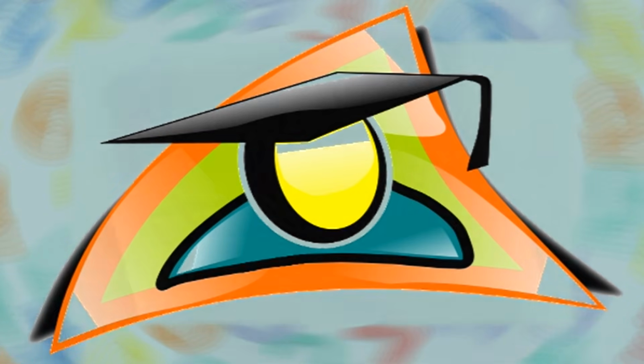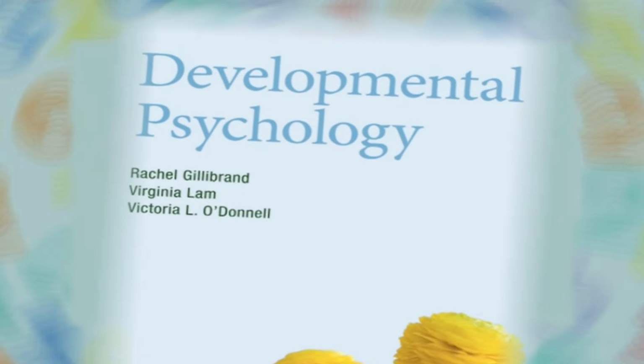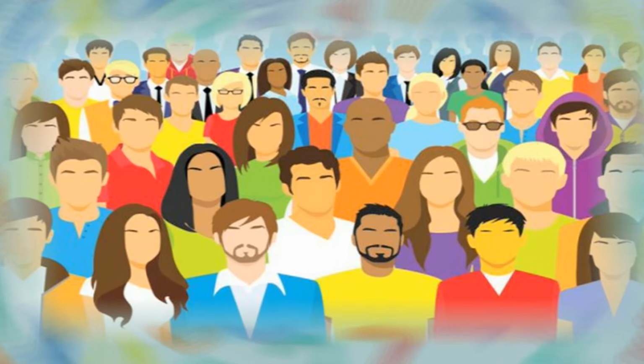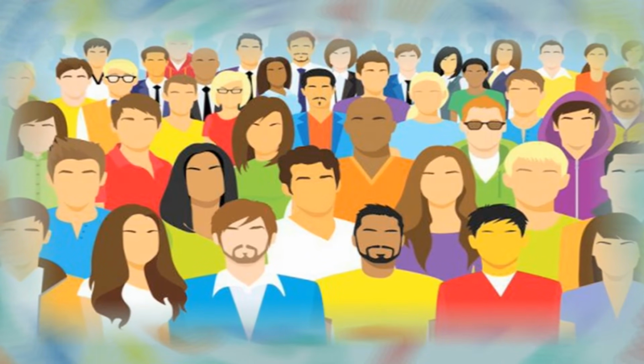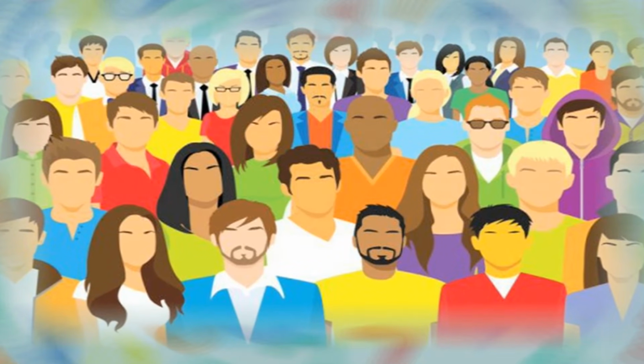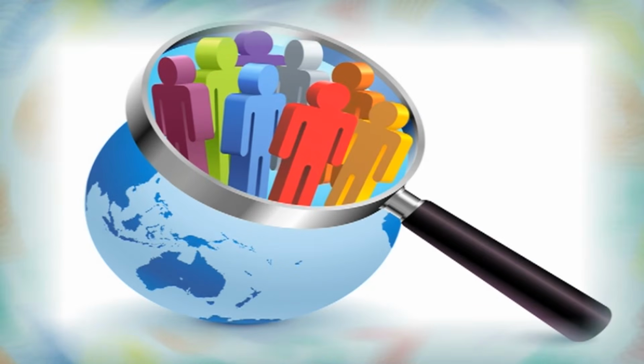For example, researchers studying developmental psychology might select groups of people who are remarkably similar in most areas, but differ only in age. What do they gain by doing this? By doing this, any differences between groups can presumably be attributed to age differences rather than to other factors.